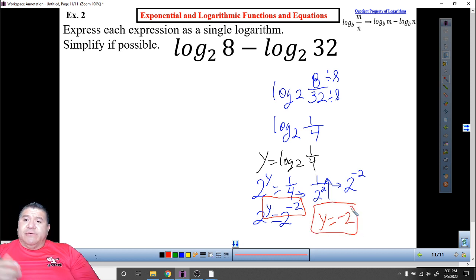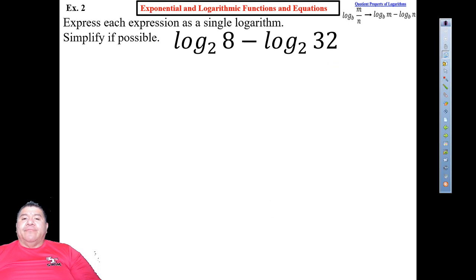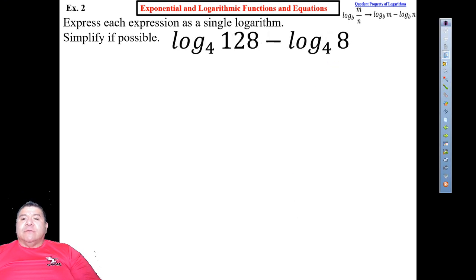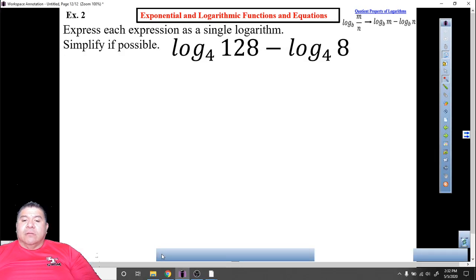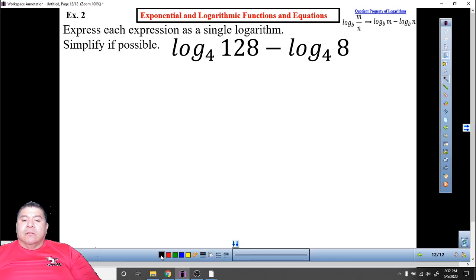All right. How we doing? You're like, piece of cake, right? All right. So copy that, pause it if you need to. And now I'm going to give you one to do by yourself. Example 2Q.